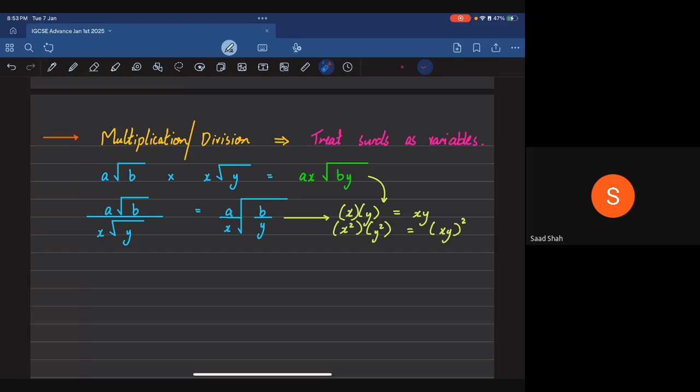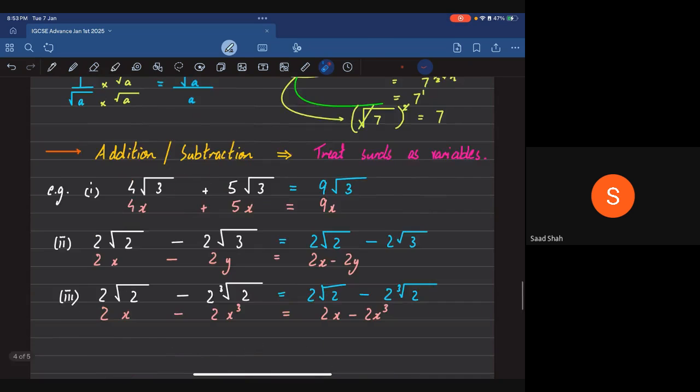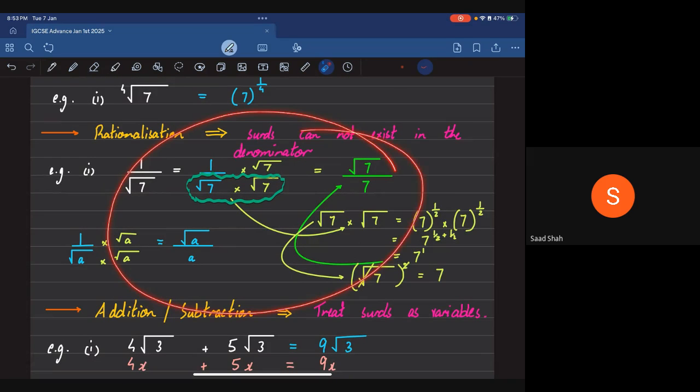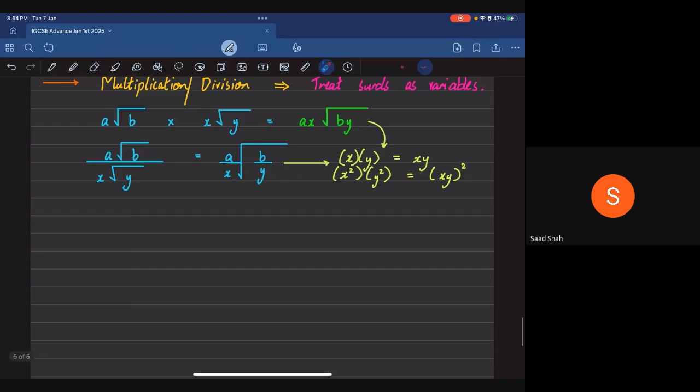There's nothing going to change. You already know that if two surds are identical to each other, their answer is equal to their base. We've done that in rationalization. For example, under root a times under root a, the answer is a. We don't need to go into the depth of it.